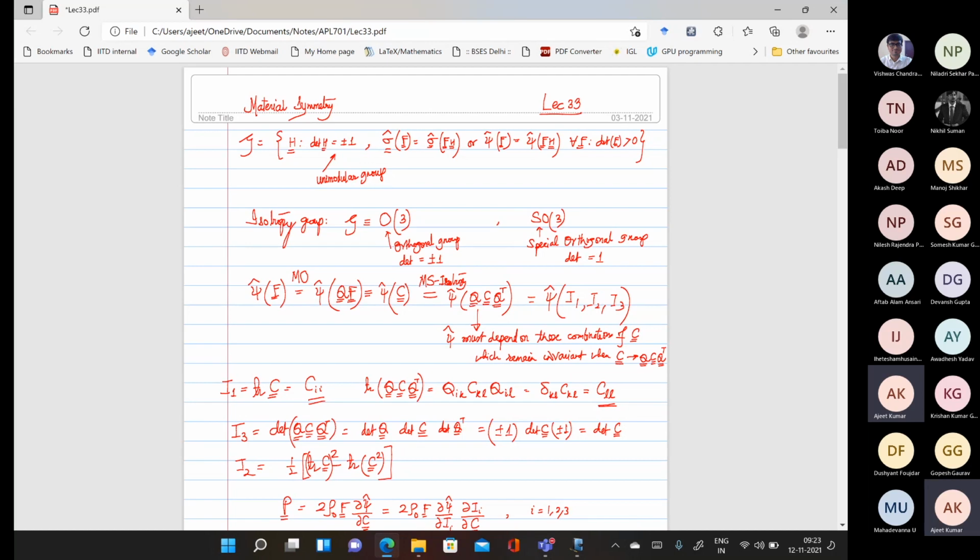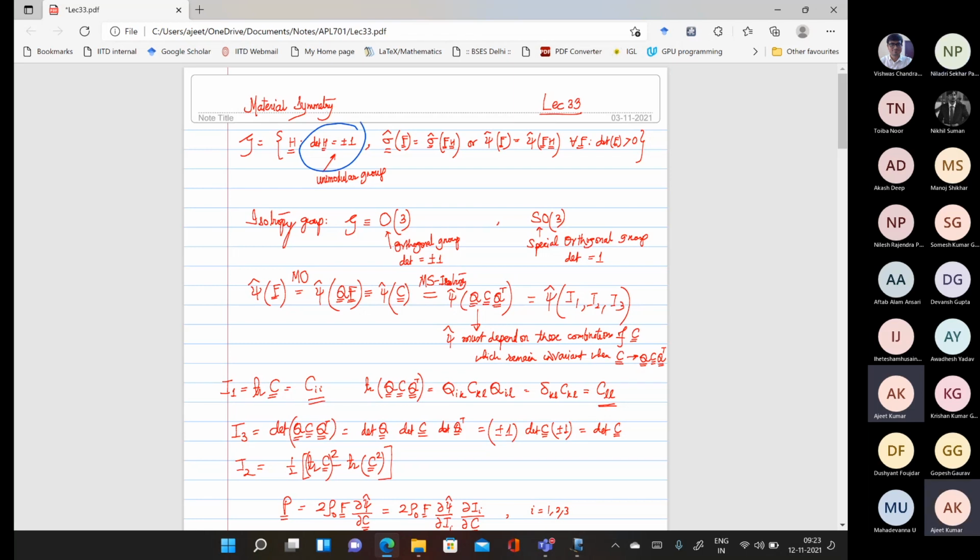It turns out for a fluid, you can deduce that its symmetry group is all H such that determinant of H is equal to plus minus 1. Its symmetry group is the entire unimodular group.